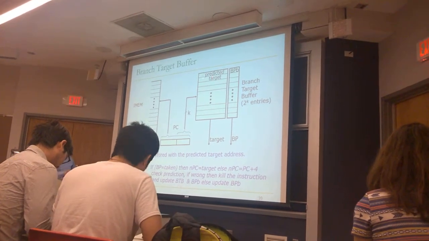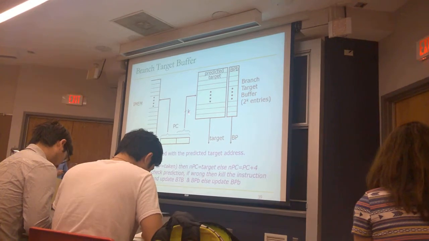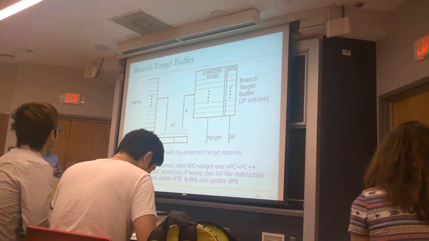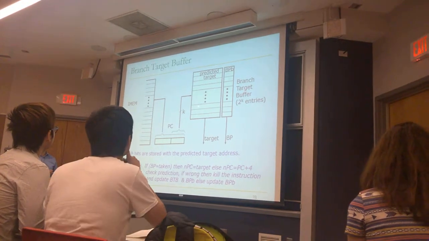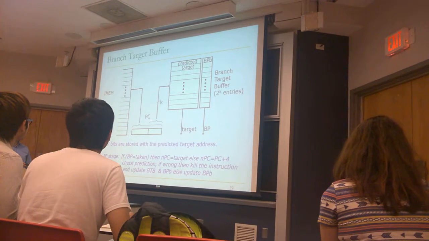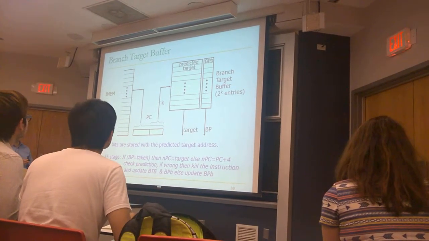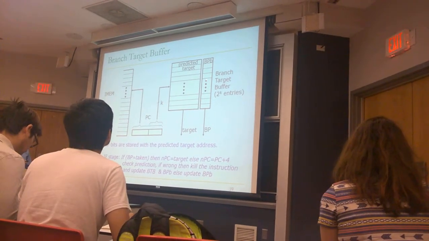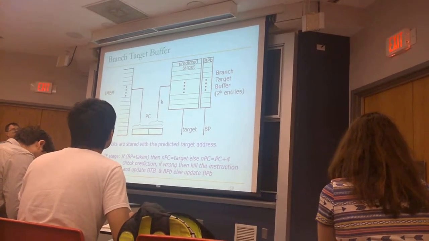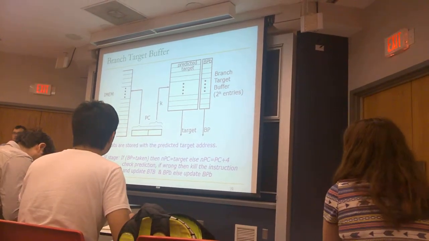The second difference is that each index will have the prediction bit as well as the predicted target. So once we get the PC value, we will use the k bits to see which entry we will use. We will know whether it's taken or not taken, the direction of the branch, as well as the target if it's taken.